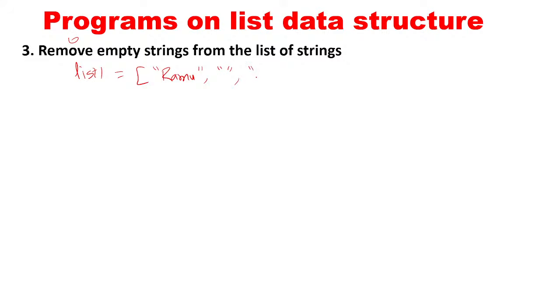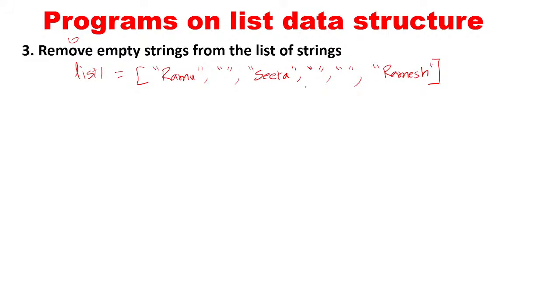Okay, so then some name we can use. Okay, so then again an empty string. Okay, so then one more empty string, two empty strings in consecutive. Okay, so then you can say some other name like Ramesh or something you can use.